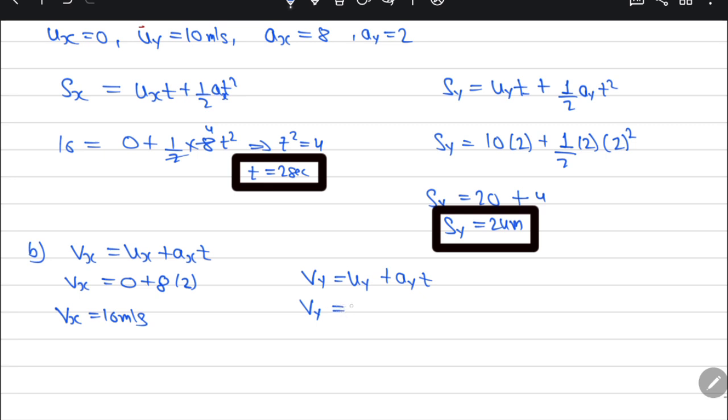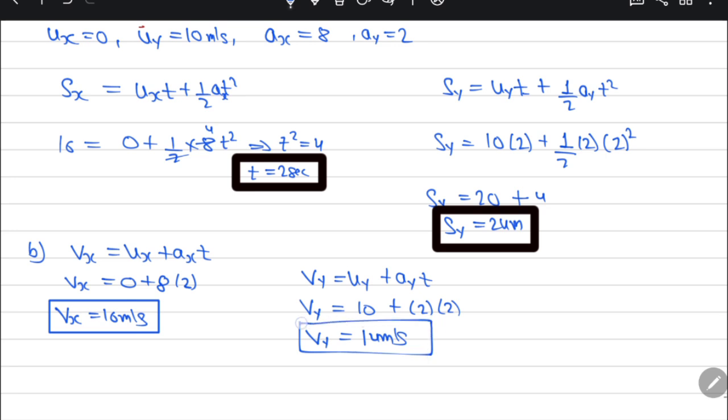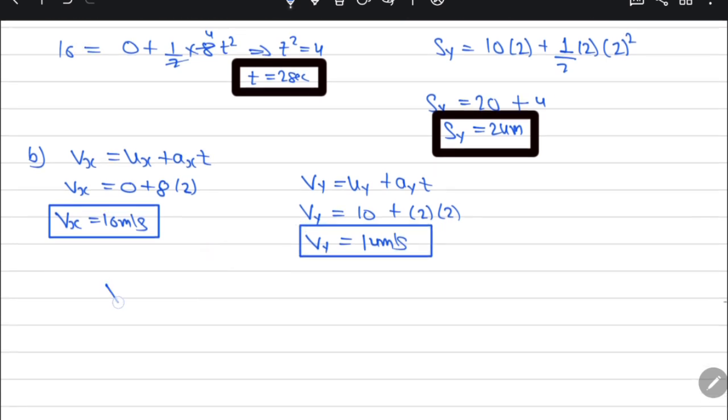So velocity in y direction is 10 plus acceleration 2 times t, which is 2, so 14 meter per second. So the velocity comes out to be 16 i cap plus 14 j cap.